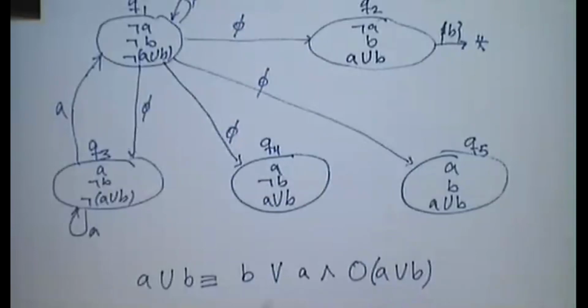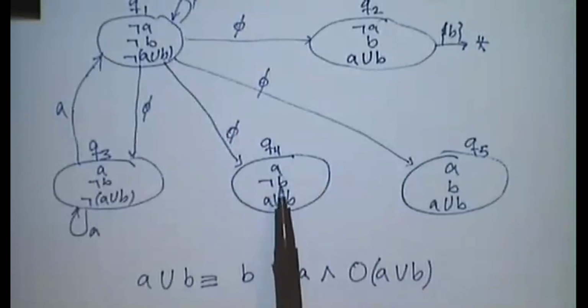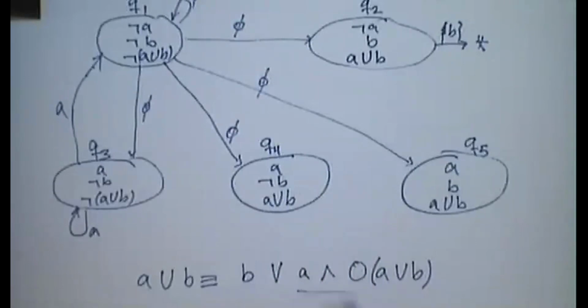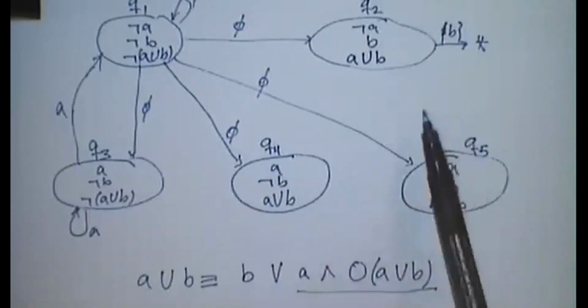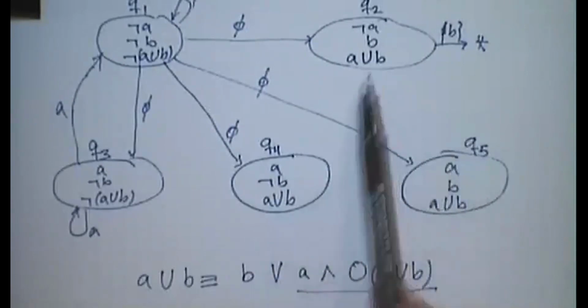Okay? Now, what is the case in Q4? The case is that we are not satisfying B, so we are in this case, we are here. So we should satisfy A, which we are satisfying, but also in all of our successors, we should have A until B. So the successors can only be the ones that have A until B. So that's Q4, Q2, and Q5.